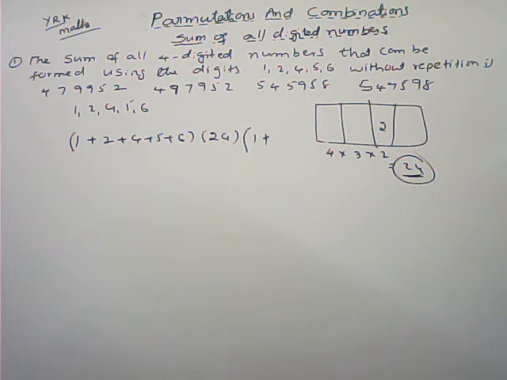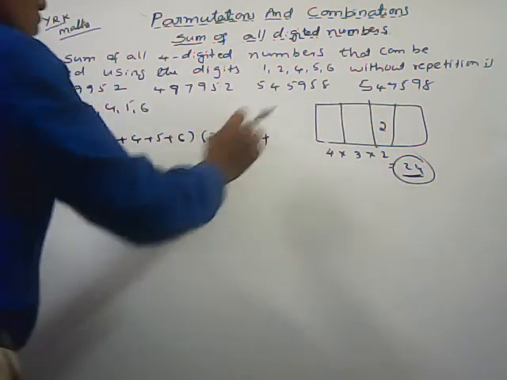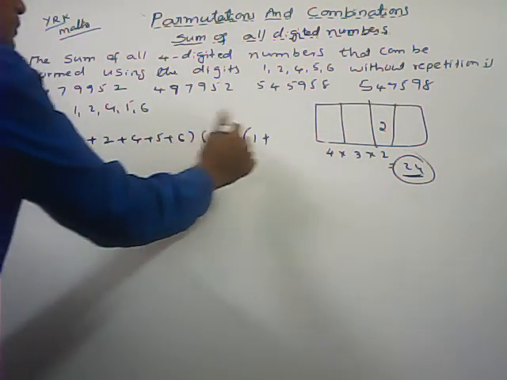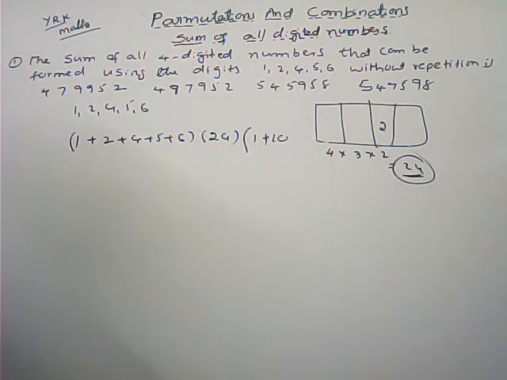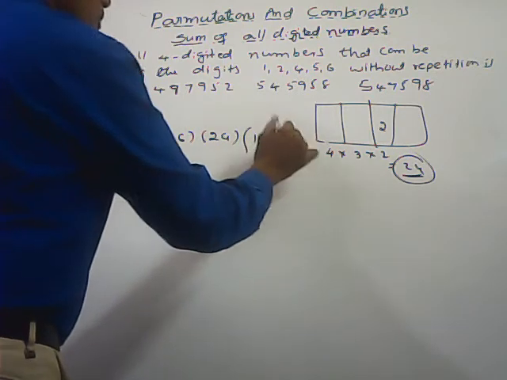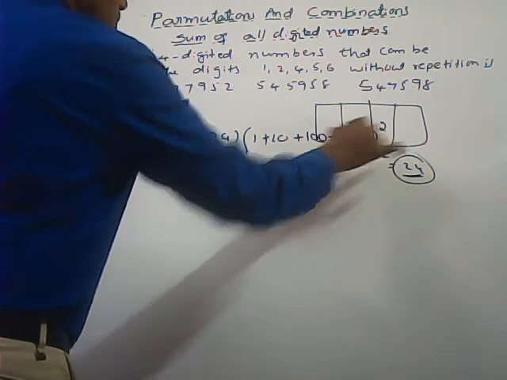The total number of 4-digit numbers containing 2 in the tens place, how many are there? 24 are there. So whatever the place value, that should be multiplied by 10. Every number repeats 24 times only. Likewise the hundreds place and thousands place.